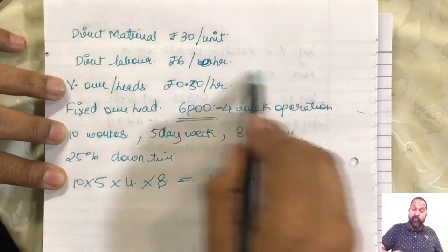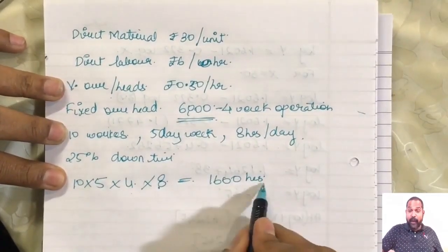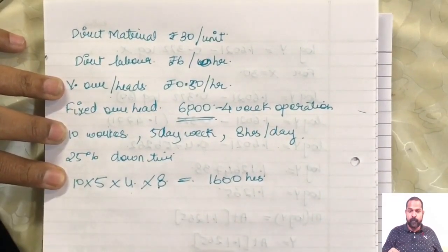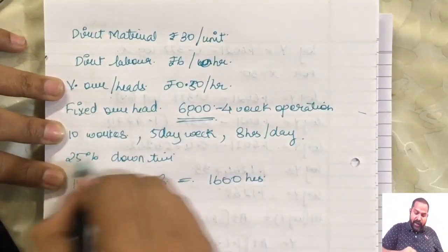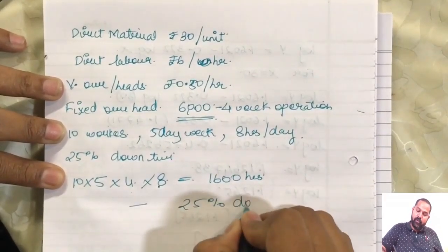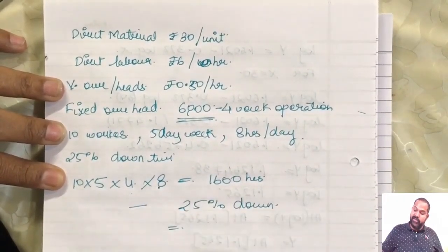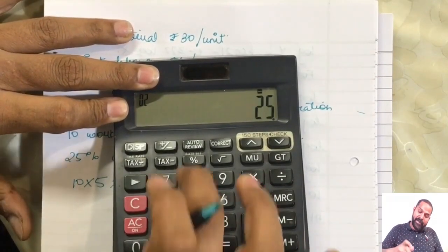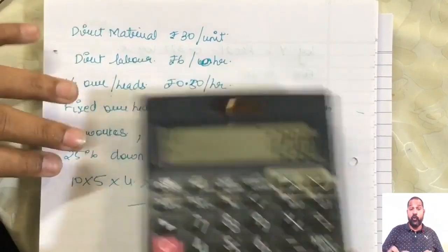So in a 4-week period, 1600 hours of work is done, out of which 25% is downtime. 1600 minus 25% is 1200.